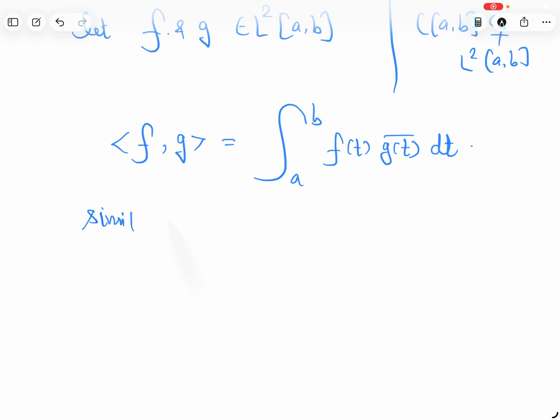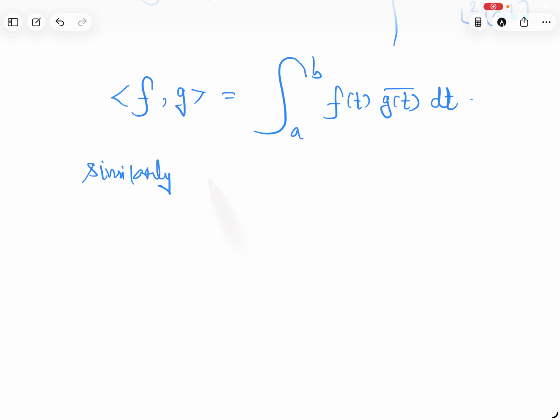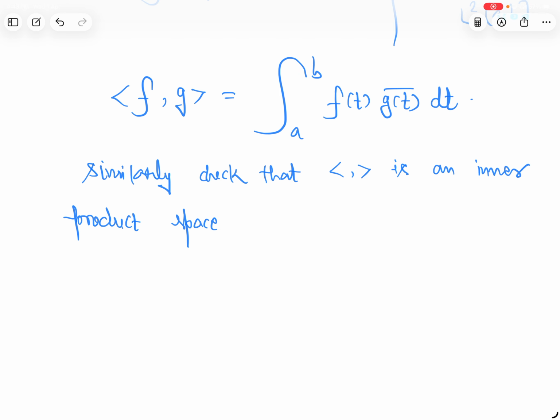Similarly, check that this is an inner product space. Okay, many examples will be there.